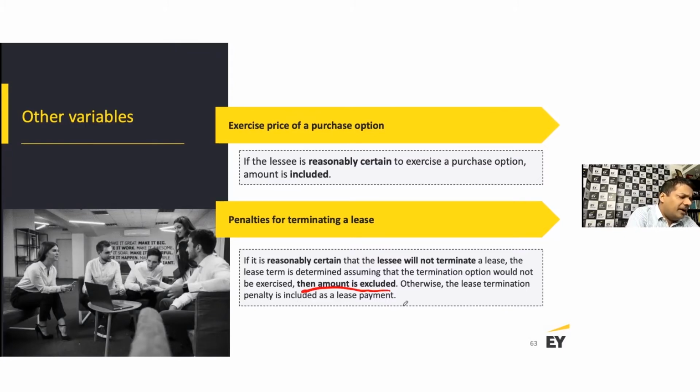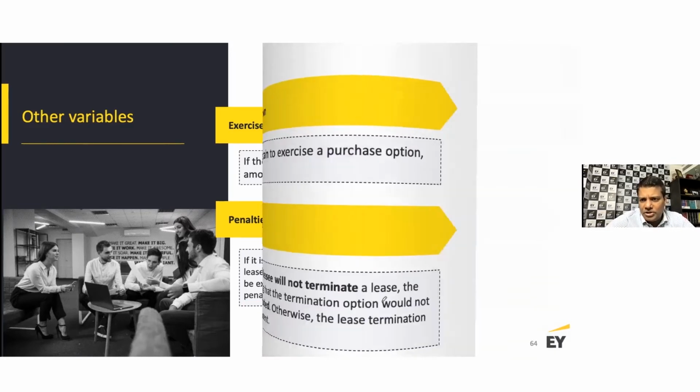Otherwise, the lease termination penalty is included. If I believe that I'm going to terminate it, then I need to include that in the determination of the ROU asset and the liability. But if I believe that I'm not going to terminate it prior to the lease term coming to an end, then I don't need to factor in the termination option.